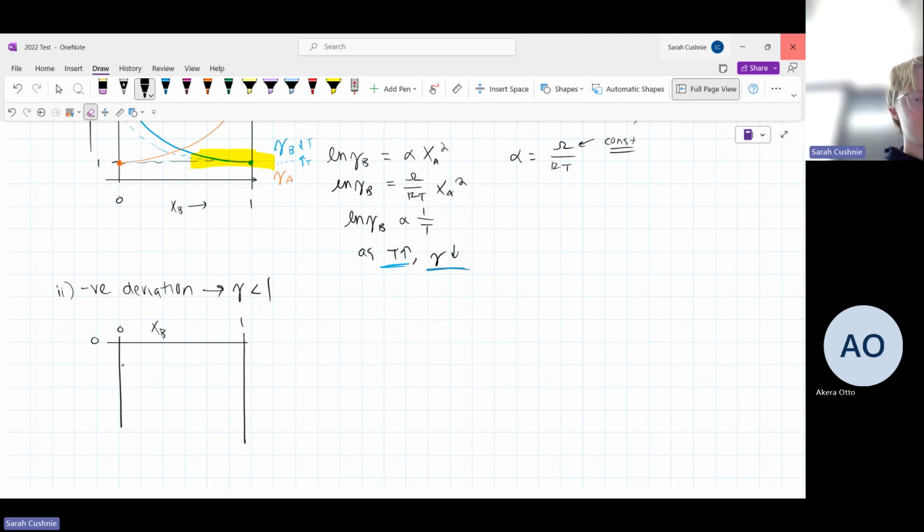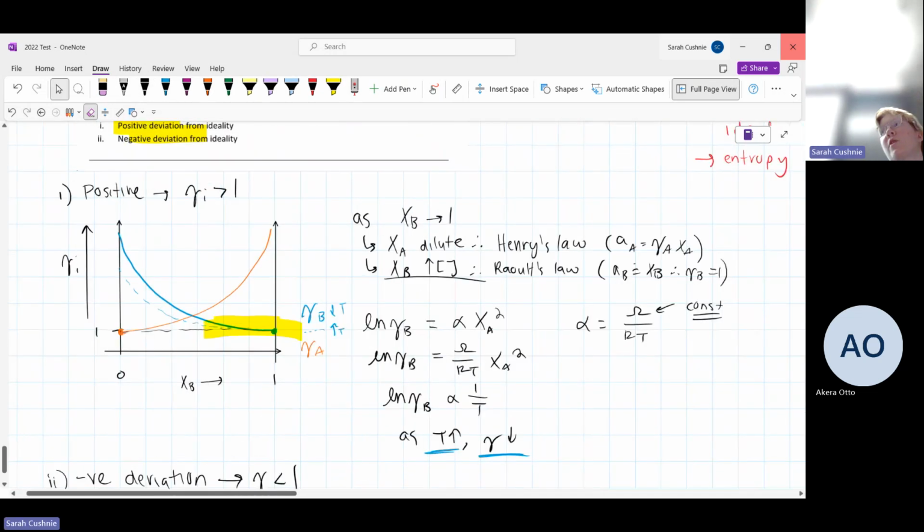I'm going to say this is 0, and this value right here is 1. This is going to be 1, and this value down here is going to be 0. Now, when we're drawing gamma being bigger than 1, we don't really know what the maximum value is. There's no theoretical limit like gamma is never going to be bigger than 4. So I left the y-axis basically barren because I don't really know what's going to happen there.